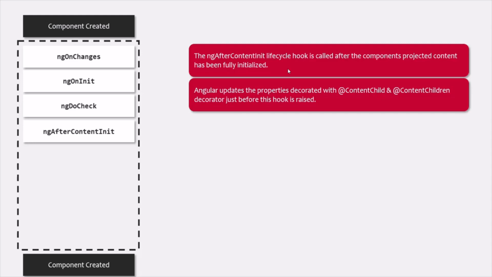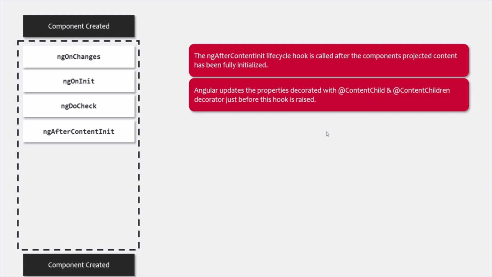Earlier we learned that we use the ContentChild and ContentChildren decorators to access a reference of a DOM element, a component, or a directive from the projected content. Now, the projected content is initialized before the ngAfterContentInit lifecycle hook. That's why the properties decorated with ContentChild or ContentChildren will be initialized just before this ngAfterContentInit hook gets called.